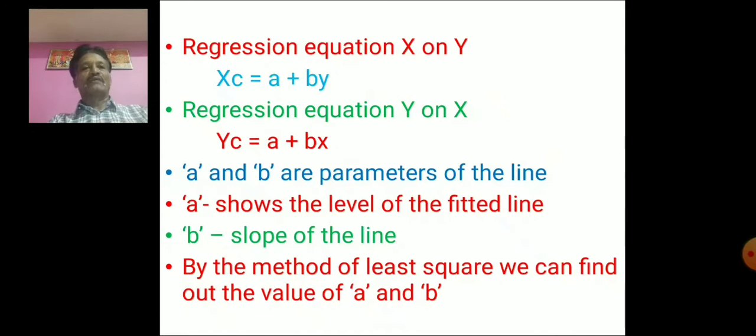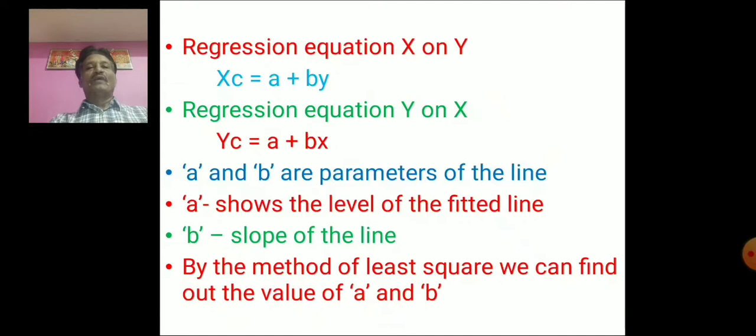The regression equation y on x is Yc = a + bx. Here a and b are the parameters of the line. A shows the level of the fitted line, and b shows the slope of the line.